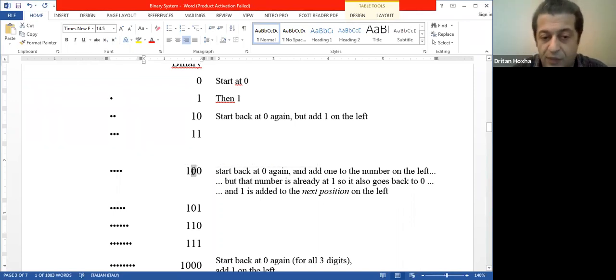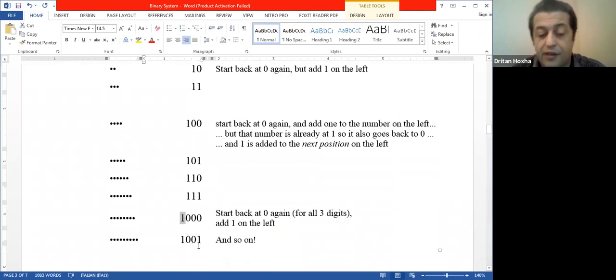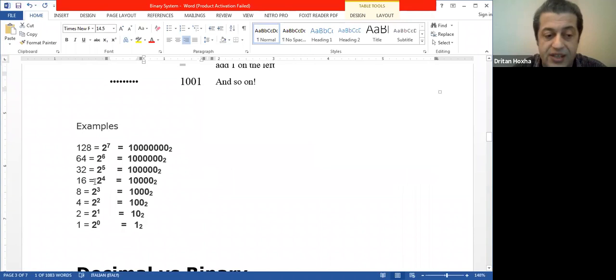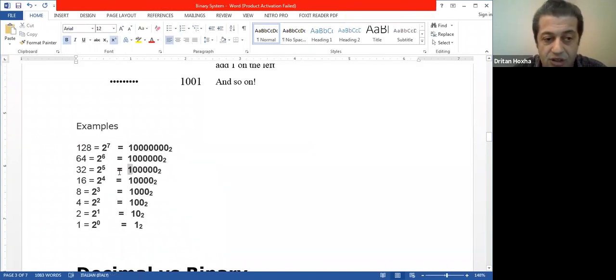The second position is the position of 2s. The third position is the position of 4s. The fourth position is the position of 8s. The fifth position is the position of 16s, and so on. The sixth position is the position of 32s, because we multiply by 2 each time we want to add 1 position on the left.